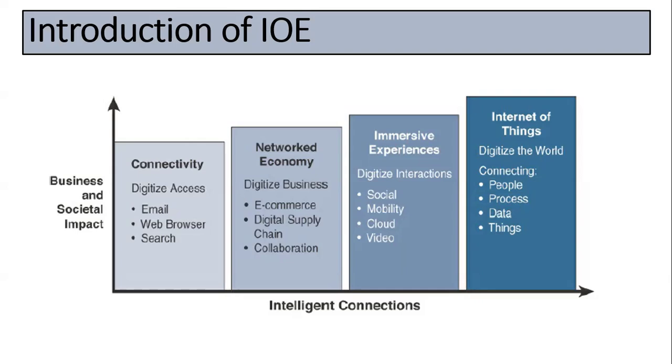Then again a retail shop gets connected with the people, and the sale of products started in online mode. The business evolved over the internet. First the people were connected, then the business model got connected over the internet. That is called the network economy.